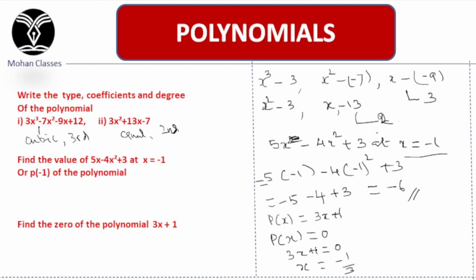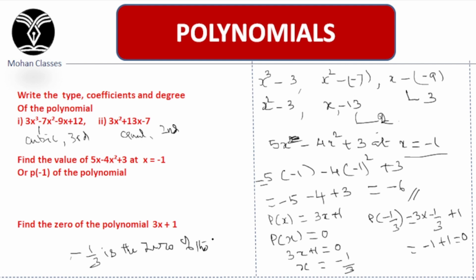This 1 will go there, then 3x is equal to minus 1, x is equal to minus 1 divided by 3. So if you substitute p of minus 1 by 3 in this given polynomial, 3 into minus 1 by 3 plus 1, right? So 3 into minus 1 by 3 you will get minus 1 plus 1, you will get 0. So p of minus 1 by 3 is equal to 0. Therefore, minus 1 by 3 is the 0 of the polynomial.